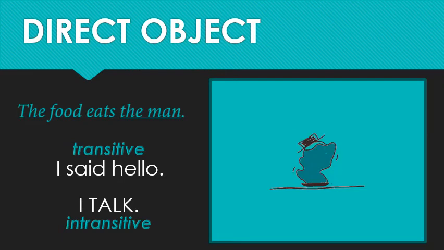On the same token, you can't just say, I say, unless you're British, and then that means something completely different. Okay, so remember, I talk, intransitive. Intransitive means no direct object, but transitive means yes, it's required to have a direct object.